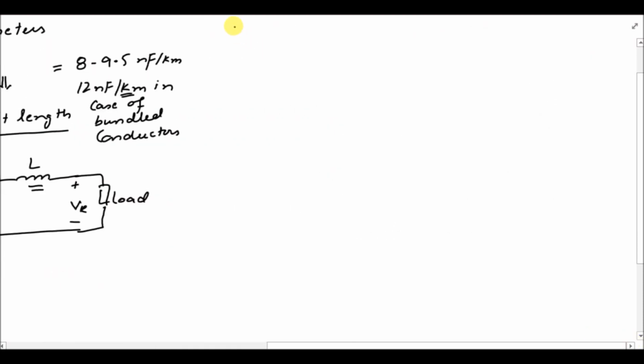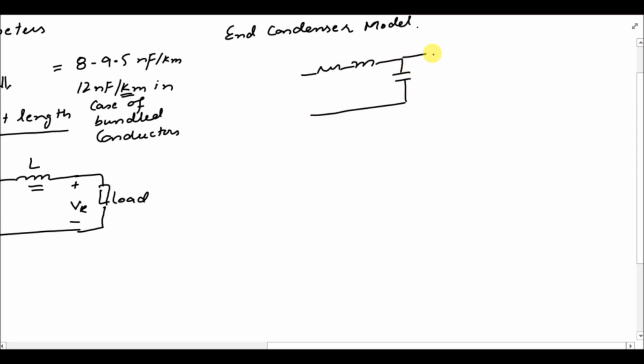In the end condenser model, we have resistance, inductance and capacitance, and this is your load. We have voltage VR across the load and capacitor.